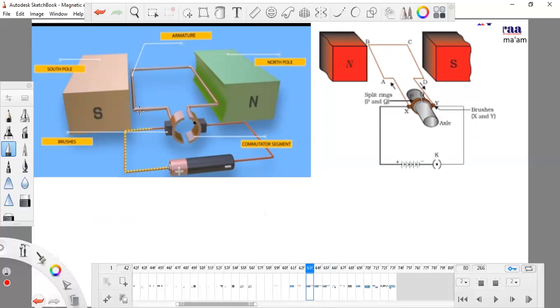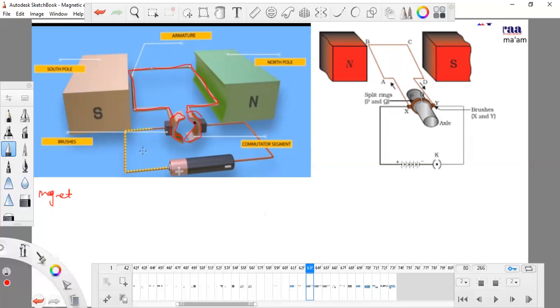In this complete electric motor we have a magnet. We have this armature. The armature is this part. The armature is made up of only this part, this ring and this thing.